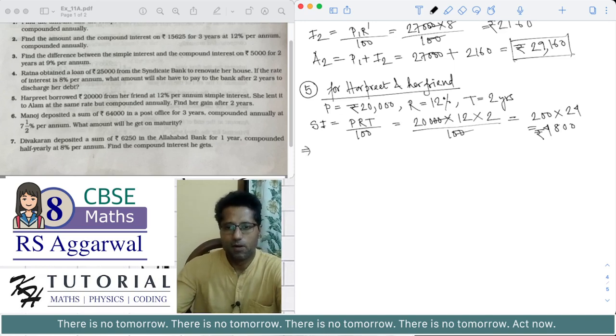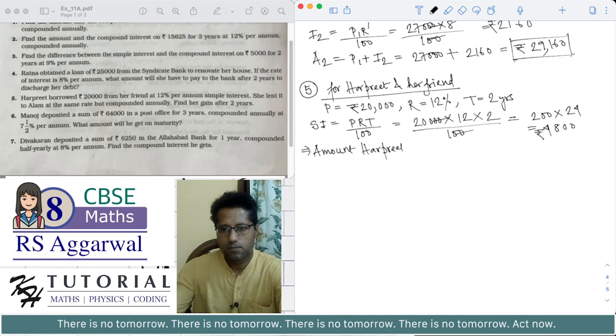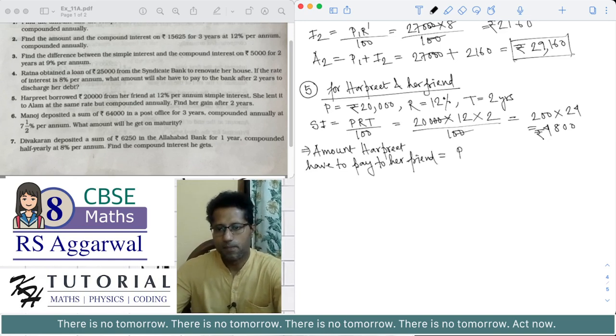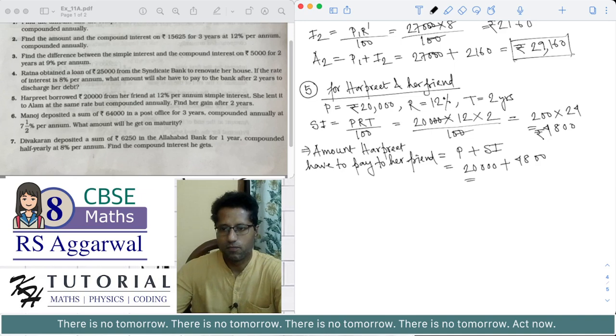So this implies the amount Harpreet has to pay to her friend will be equal to P, the principal, plus the simple interest, which is equal to 20,000 plus 4,800, which is equal to 24,800.